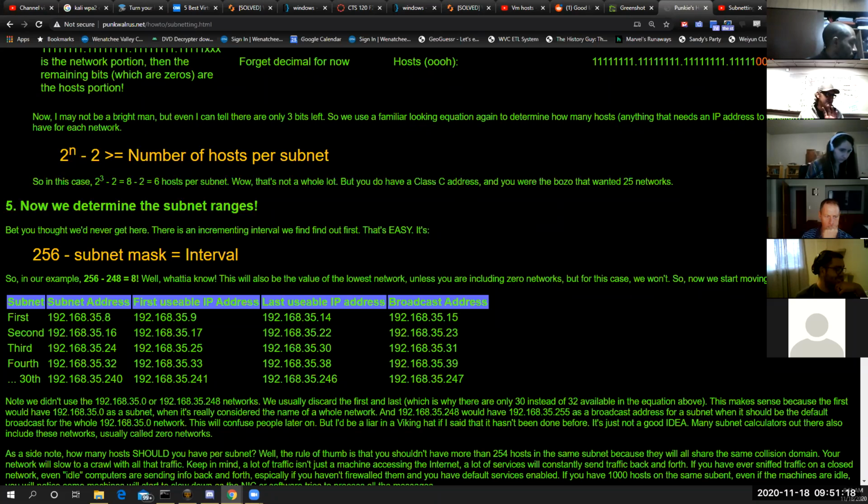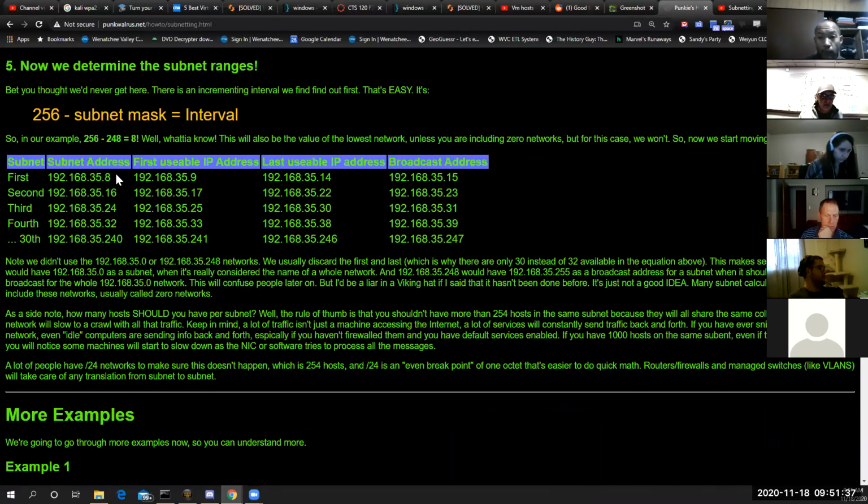So in this example, it's purely academic. You're not actually going to use this type of subnet mask in a class C private addressing scheme because you'd end up with 25 networks with 6 computers or printers or whatever they are in each network, and that's really not very functional, right?